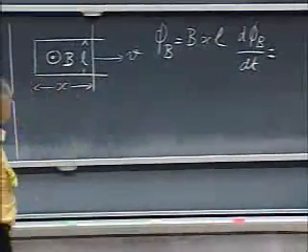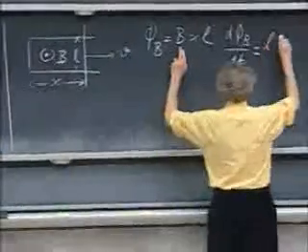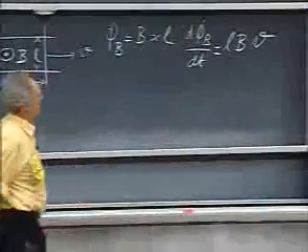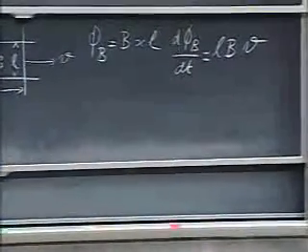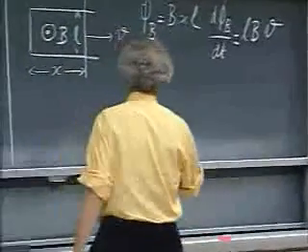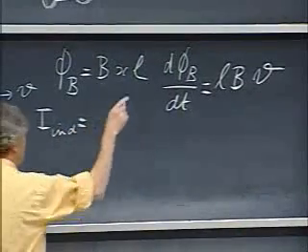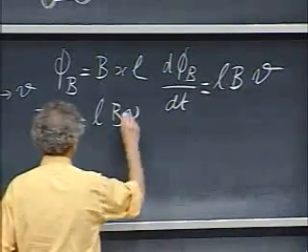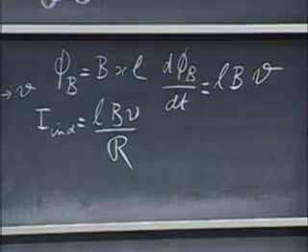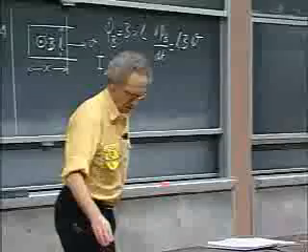I don't need minus signs. d phi/dt is therefore L times B times dx/dt, and dx/dt is the velocity. So the magnitude of the EMF is LBv. And so the current that is going to flow, the induced current, is that value, LBv, divided by the resistance R, the resistance that is in this entire loop. Whatever there is and where it is, I don't care, but that is the magnitude of the current.